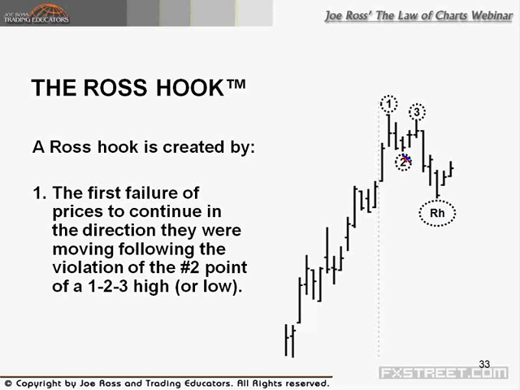Now buyers come in again, price moves up towards 0.3, and somewhere here something really important happens. Prices stop moving higher than 0.1, meaning we don't get a higher high, but instead get a lower high at this point, causing number 3.